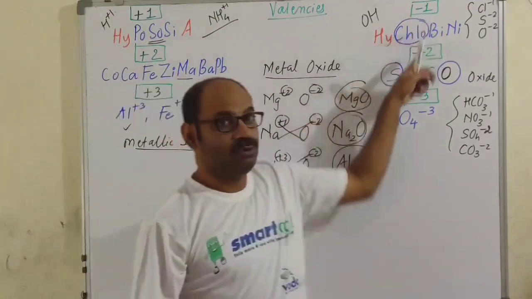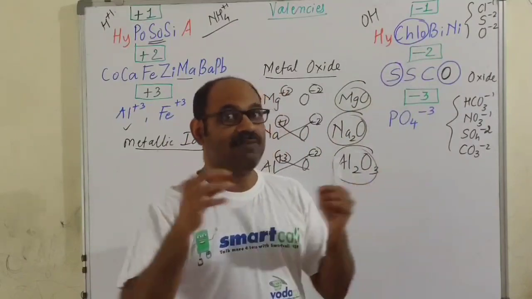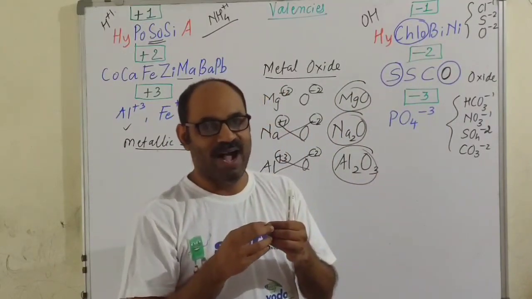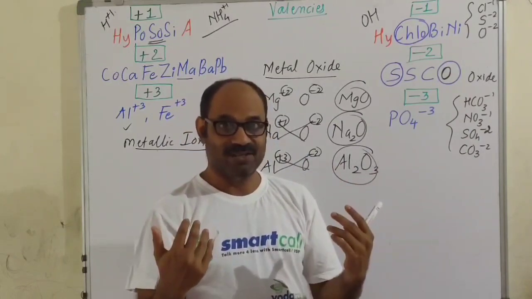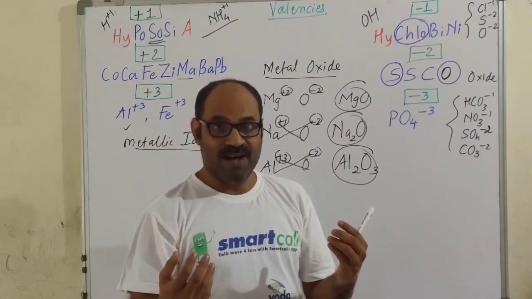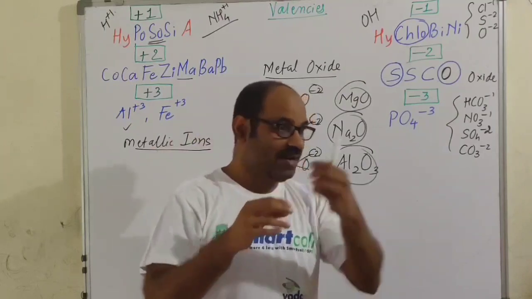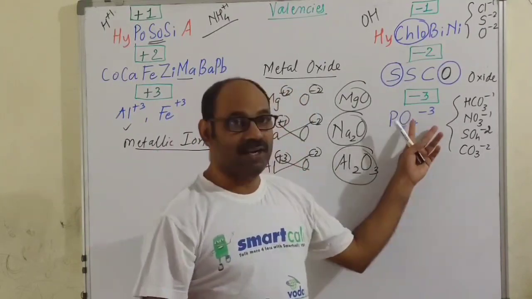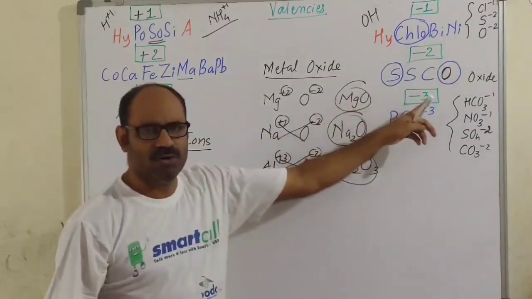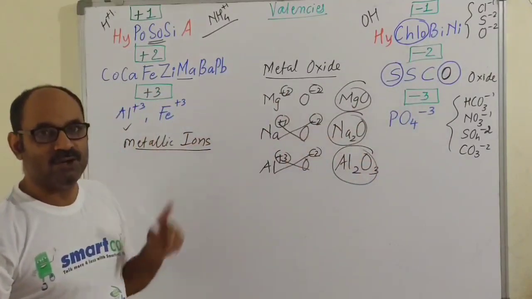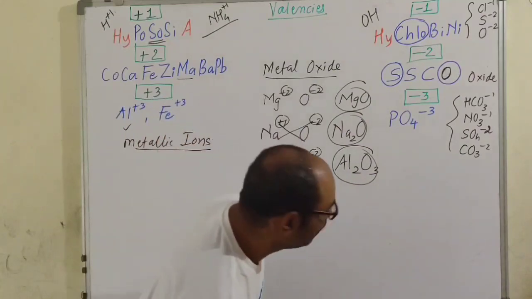In the same way, two non-metals cannot form an ionic compound. Why? Because both of them want to receive electrons. In the formation of an ionic compound, one has to give and the other has to receive. That cannot happen between any two non-metals or between any two metals. Is that clear? चलिए.